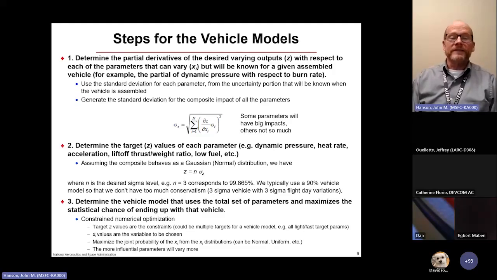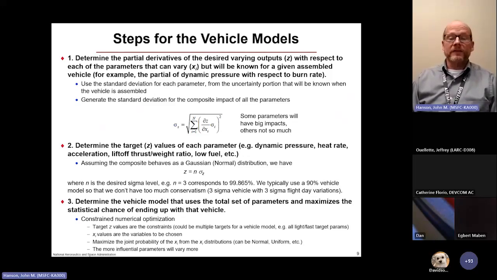And you can generate the standard deviation for the impact of all those parameters by doing a root sum square of the standard deviations of each of the individual input parameters, like thrust, specific impulse, etc., times the partial of the output parameters with respect to those. So that tells me what the standard deviation is for a given parameter of interest.